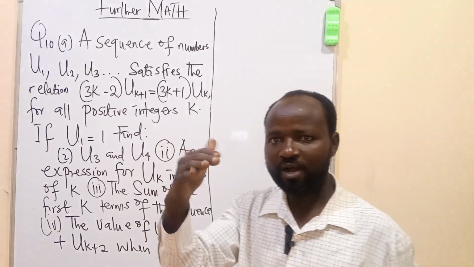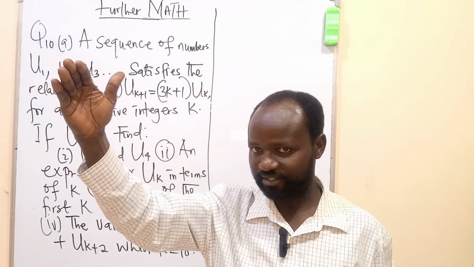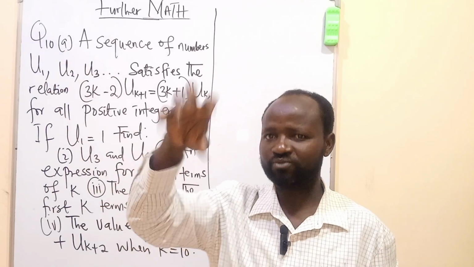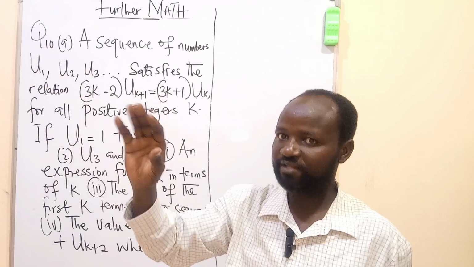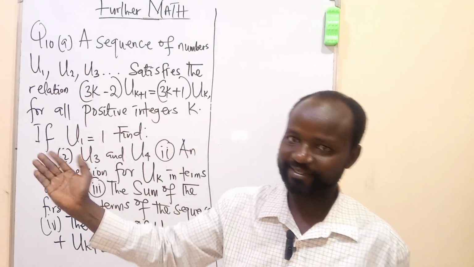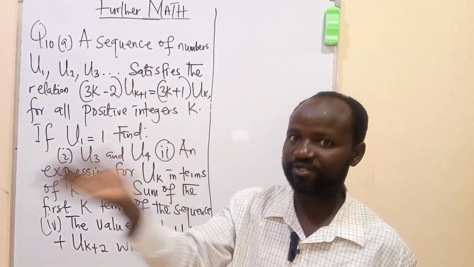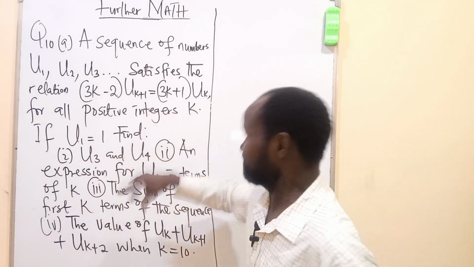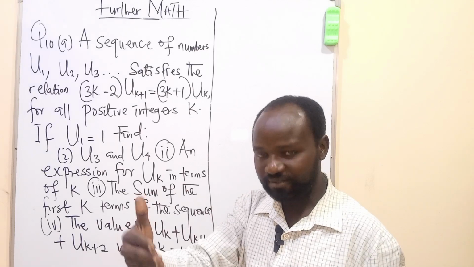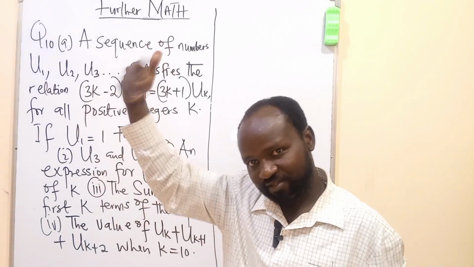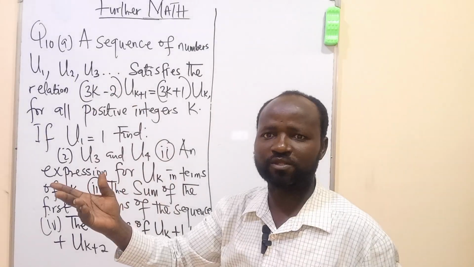Positive integers are whole numbers greater than 0, that is counting numbers: 1, 2, 3, 4, 5, like that. The negative integers are whole numbers less than zero, that's -1, -2, -3 in that order. So if k is a positive integer, it means k can take a value of 1, 2, 3, 4, 5, 6, 7 in that order. So let's look at the pattern of this sequence.